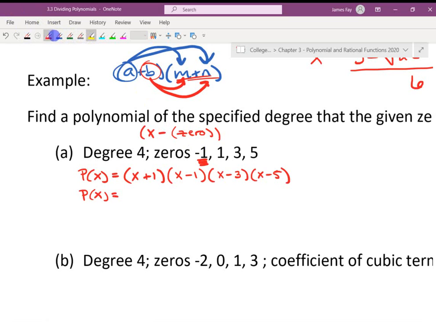And especially, some of our questions are going to have 6, 7, 8 different factors. You do not want to be sitting there wasting your time foiling and multiplying if there are tools that can be used to help you. And one of those tools is to look at that one and that one.